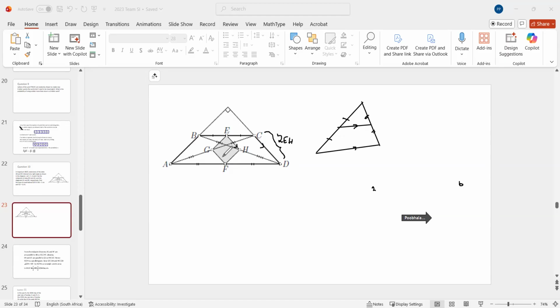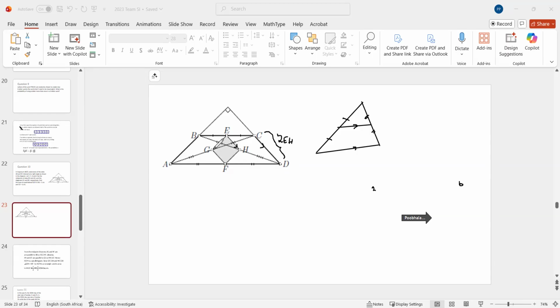Now, if you look at this triangle here, ACD, you'll notice G is the midpoint of AC and F is the midpoint of AD.